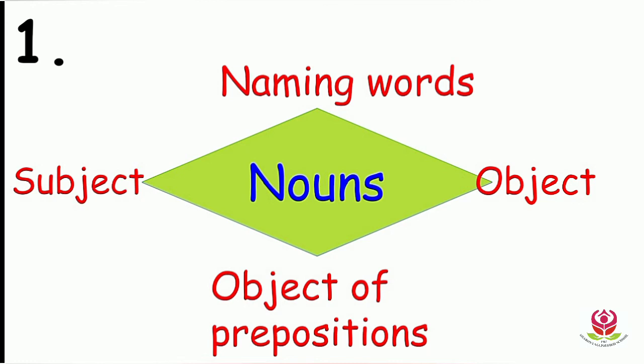And they also serve as an object to a preposition. For example, books are on the table. Here in this sentence, on is the preposition followed by the object, the table. Now that we have revised our basics, let's implement this knowledge on the following given sentences in order to identify gerunds.